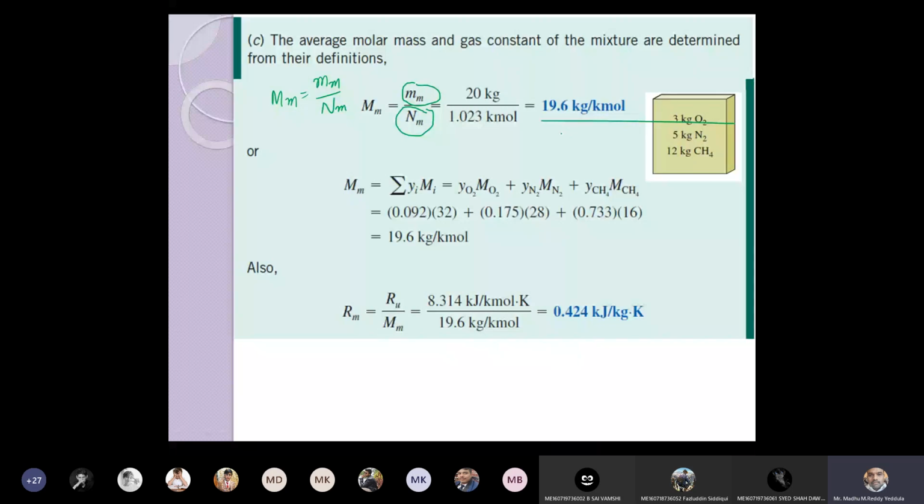The other way is by using a formula. The molar mass of the mixture we can calculate by using mass fraction as well as mole fraction. In terms of mole fraction, that is summation yi into Mi. In terms of mass fraction, 1 divided by summation of, tell me anyone.